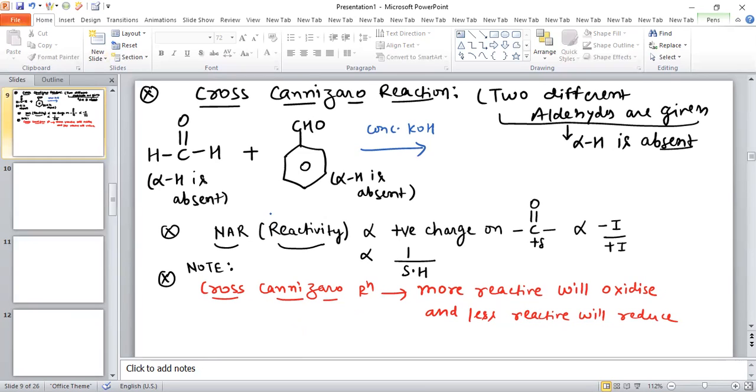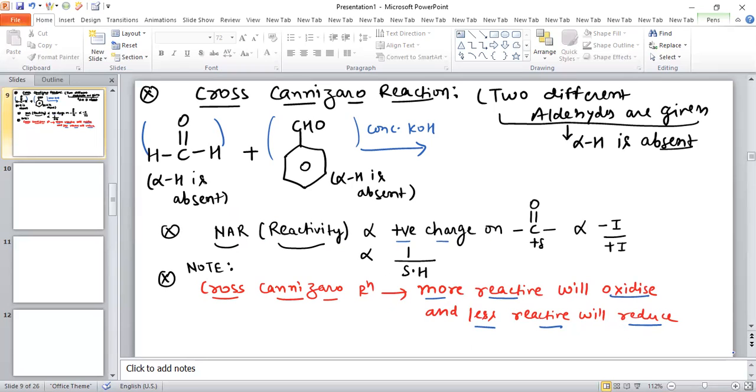Because two different compounds are there, and in both compounds alpha hydrogen is absent, the major product depends on the nucleophilic addition reactivity, which depends on two factors: the positive charge on the carbonyl carbon, and inversely, the steric hindrance. So the more reactive will oxidize, and the less reactive will reduce.